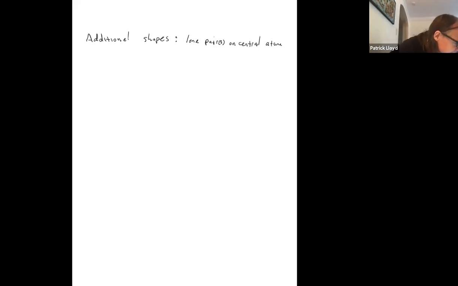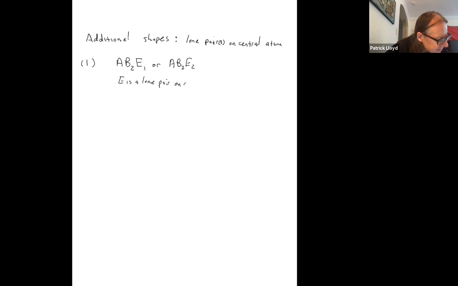So the first one, I'll number them, is where you have 2 surrounding atoms and you have either 1 or 2 lone pairs on the central atom. So we're using the notation E is a lone pair on the central atom.